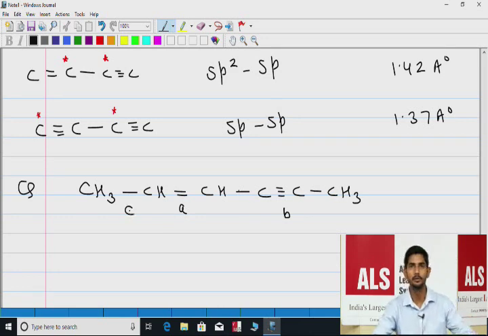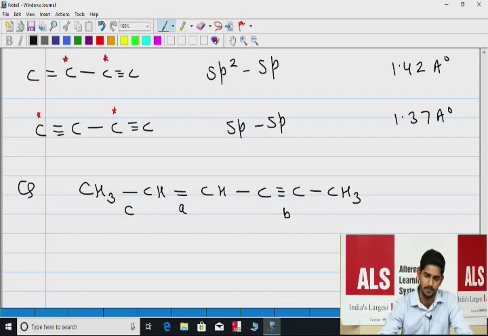Check out the bond order. Oh, sorry, bond length. Tell me the answer. Kohima, are you there? Are you still there? I hope so there is no network issue.